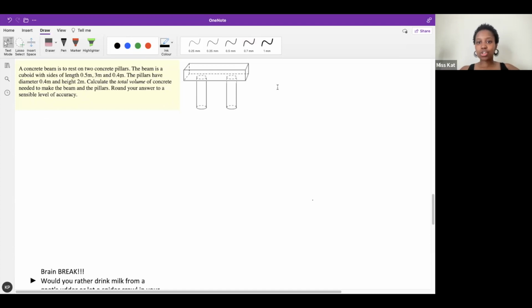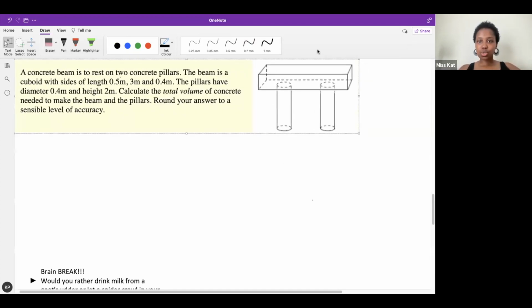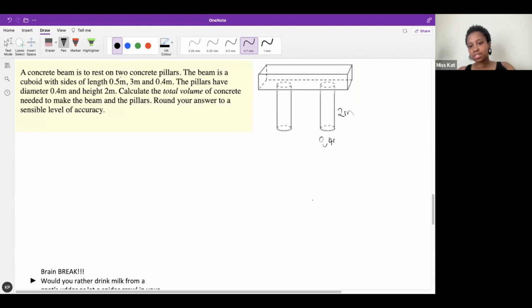My height is 2 meters. Our diameter is 0.4 meters. We have a cuboid at the top with sides of length 0.5, 0.4, and 3 meters. I'm just randomly choosing which is which.